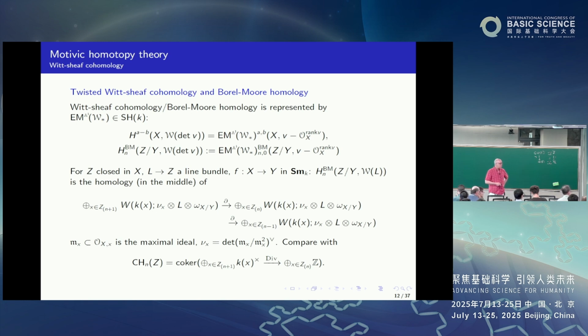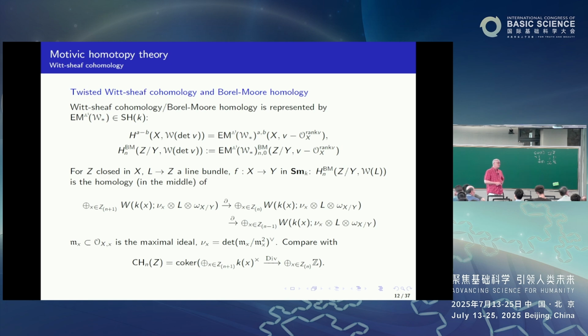And then, for reasons of Poincare duality, you also have to twist by the relative canonical sheaf of X over Y if we're taking the Borel-Moore homology of Z over Y. And then we have the twist by our line bundle L. We have to include that in the information.